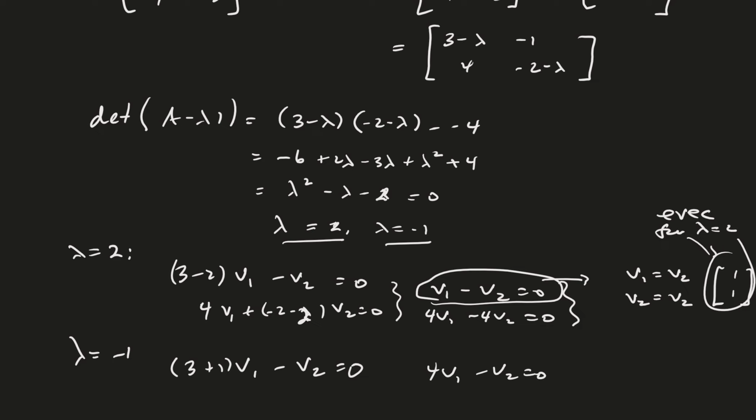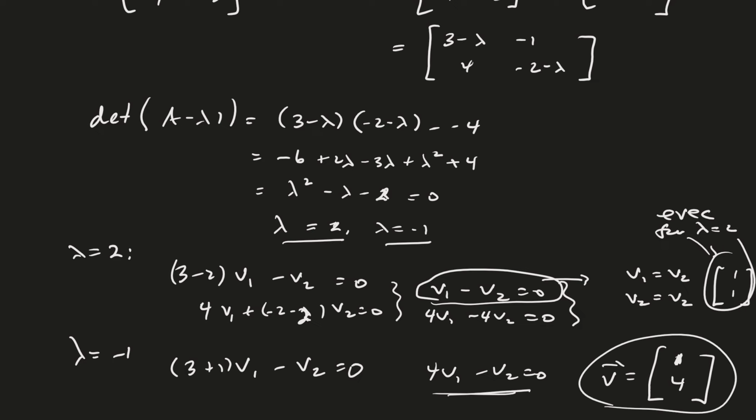And so now, as a shortcut for v, since we're in R2, you could just reverse your numbers here. And so if you have a 1 and a 4 for your v, you can see that that's going to solve that equation. Good. In general, you would have to go through and actually write down the full solution to this system of equations. But since we're only in R2, you're only going to get one vector, so it's not a big deal.